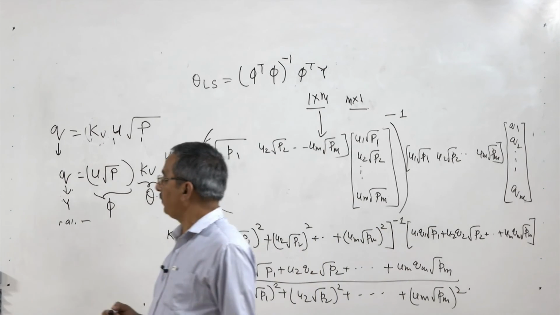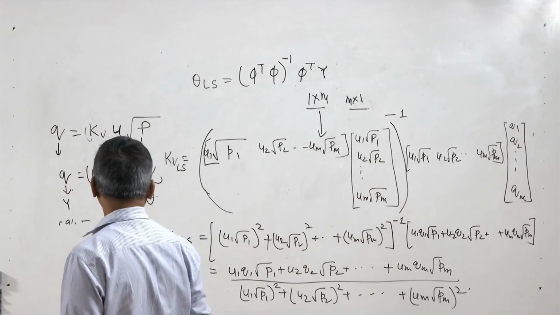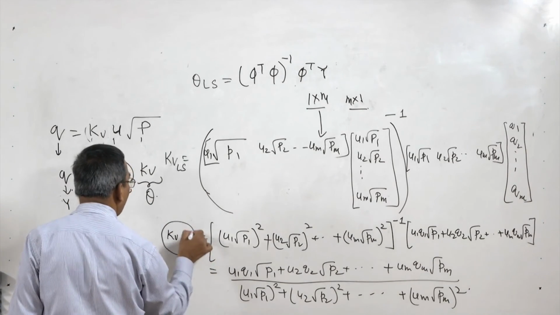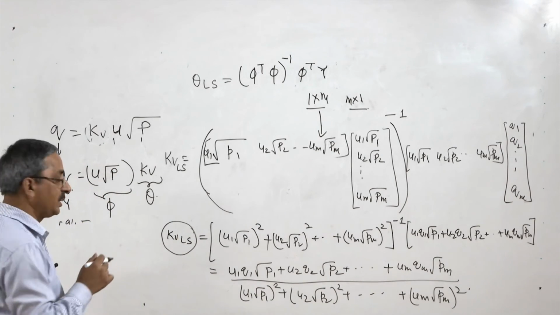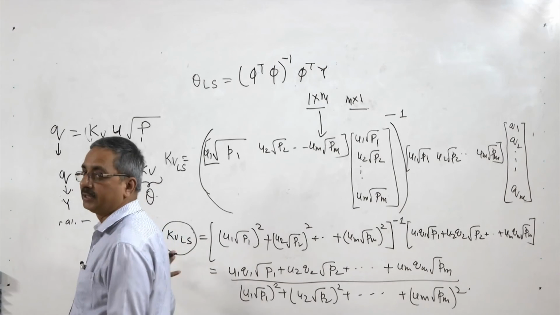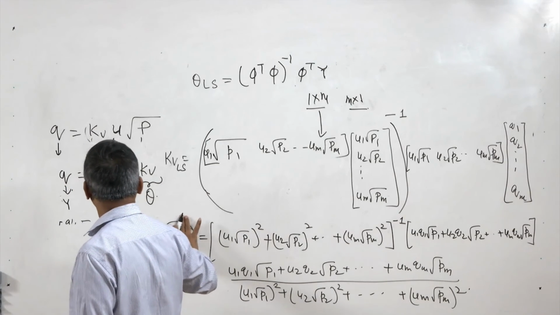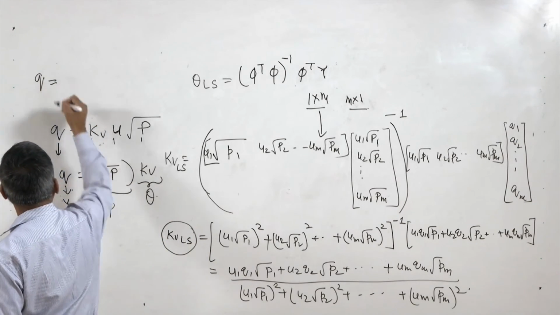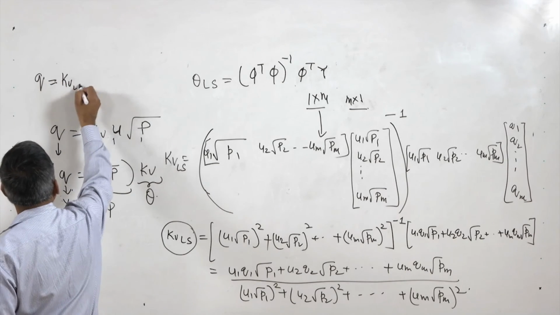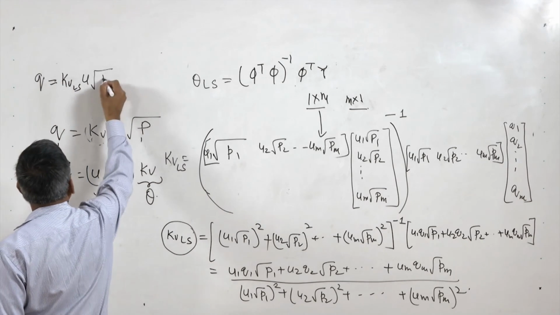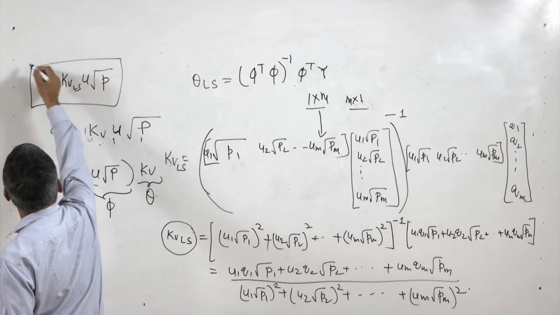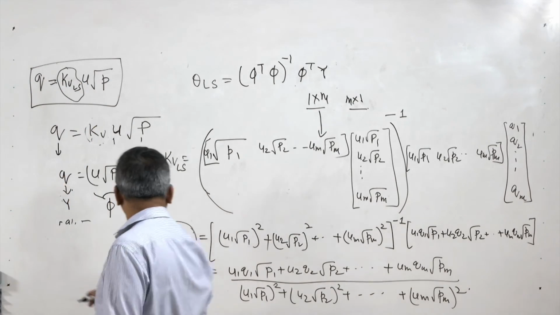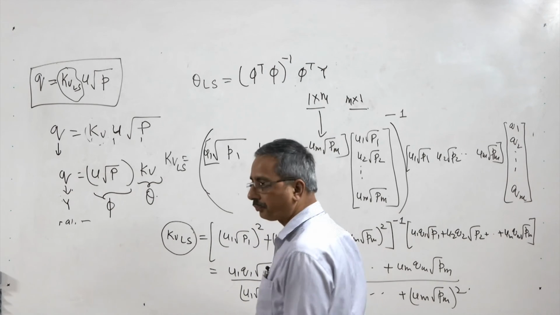So this is what we are going to get, and this way I can estimate this value of kVLS, which is unknown for us in this case. And once we have this value of kVLS, I can write the expression for my q, that is q equal to kVLS u under root p. So this way I am able to estimate this value of kVLS, which is now known to me, and was unknown earlier.